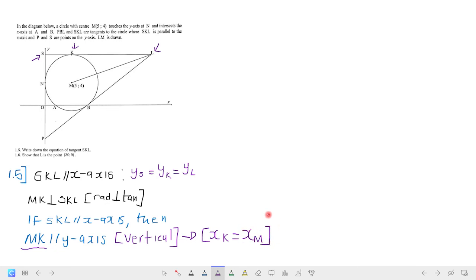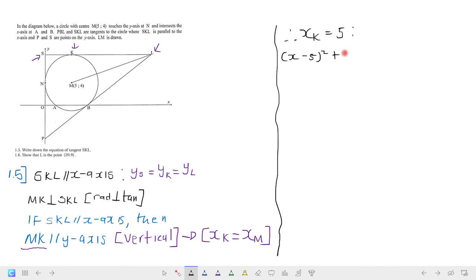Alright, so now what am I going to do with this? I'm going to say therefore the x-coordinate of K is going to be 5. So I'm using this x-coordinate of K, equating it with the x-coordinate of M, so that I can take this x value and put it in my equation of the circle so that I can find the y value.